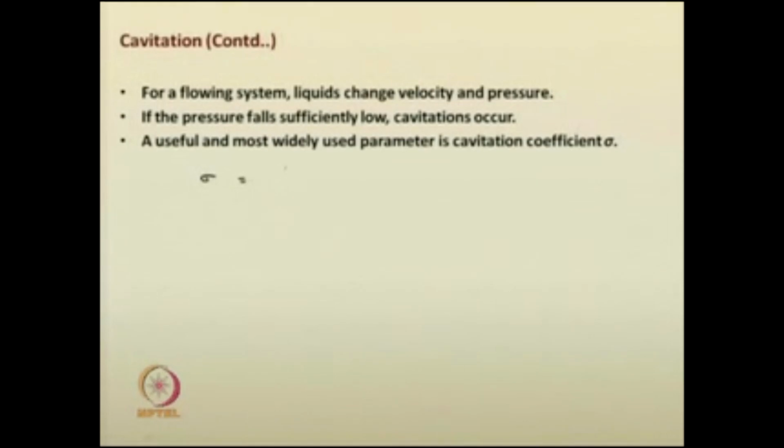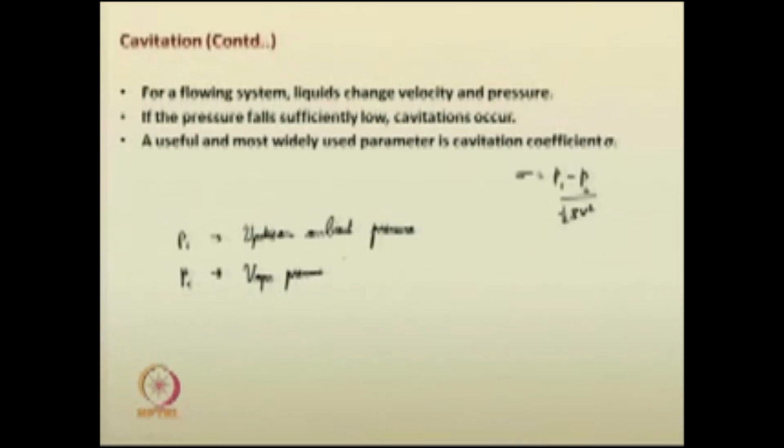The cavitation coefficient sigma is equal to P1 minus Pc divided by half rho V squared. Here, P1 is the upstream ambient pressure, or the pressure at the location, Pc is the vapor pressure of water, rho is density, and V is the undisturbed reference velocity.